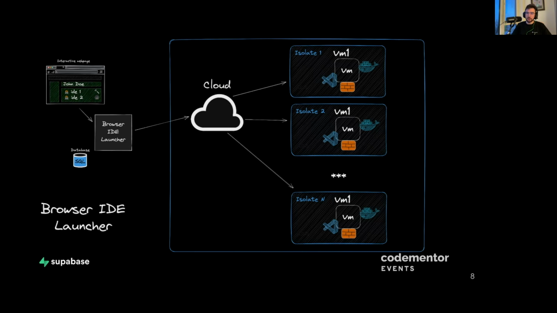Like for SRE, it may be spinning up a Kubernetes cluster, writing some GitLab CI pipelines to manage this cluster as code and stuff like that. And I think now it's sort of possible with Replit, but back then it wasn't possible with Replit.